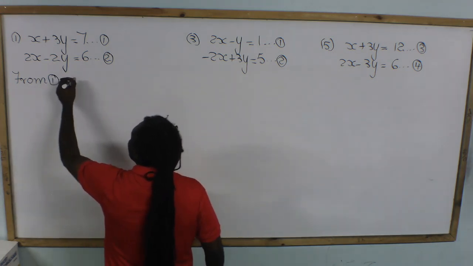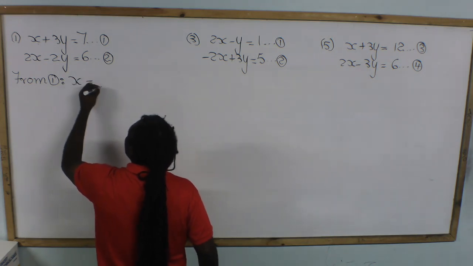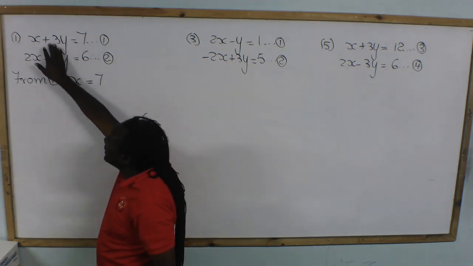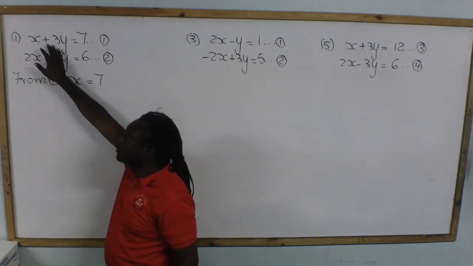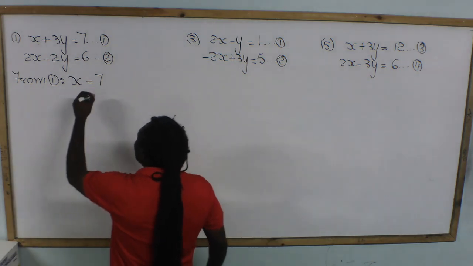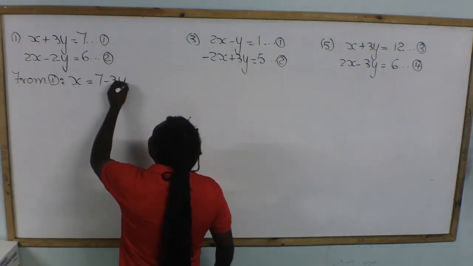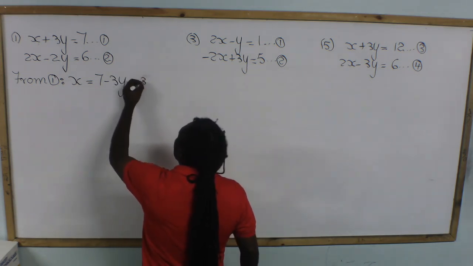So from equation 1, we have x is equal to 7. This 3y that we have here will be eliminated by subtraction. So we have x is equal to 7 minus 3y.